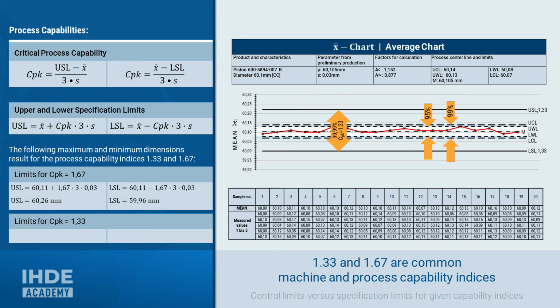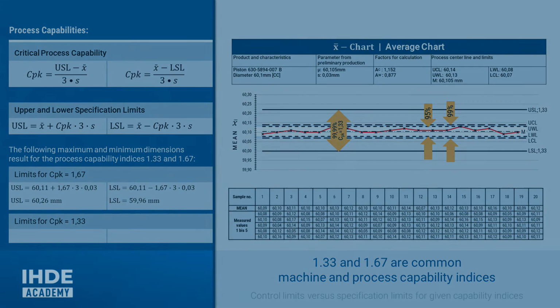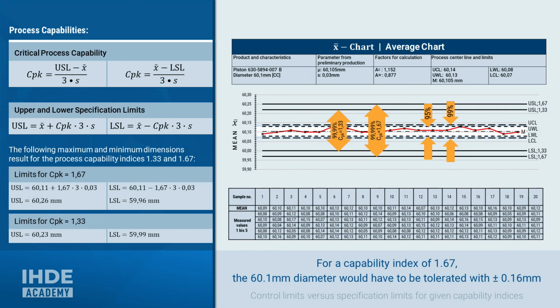Both limits were drawn on the control chart. Doing the same for the capability index of 1.33 gives an upper specification limit of 60.3 and a lower specification limit of 59.99. All mean values can be expected between the control limits with a probability of 99%.